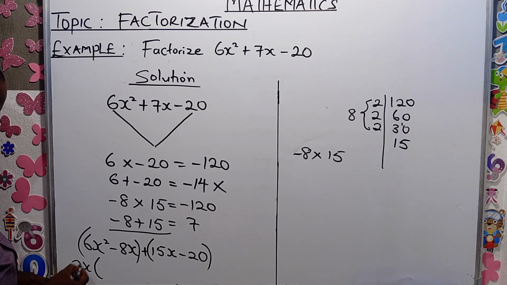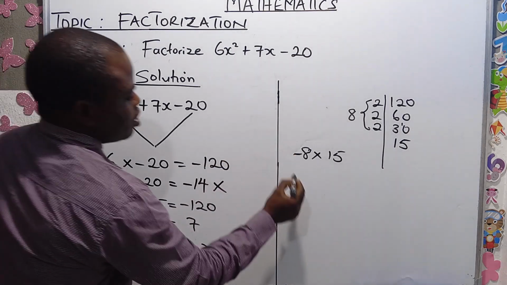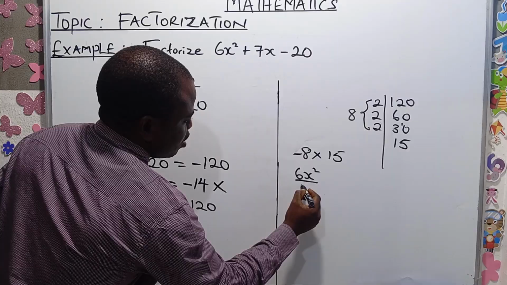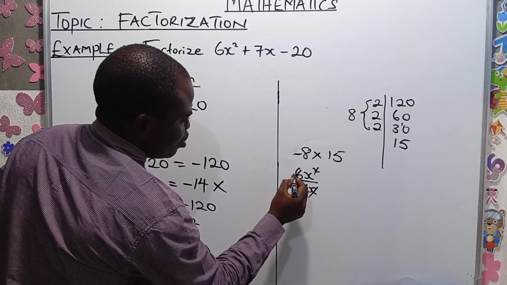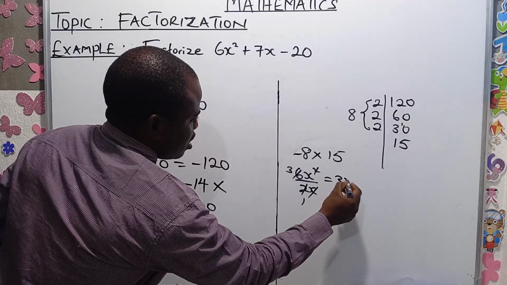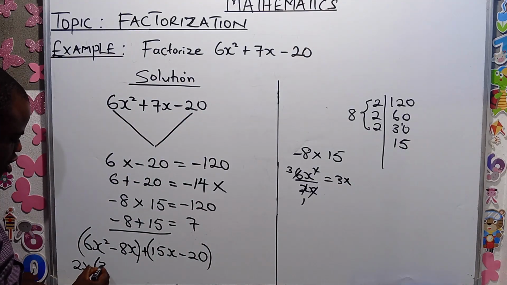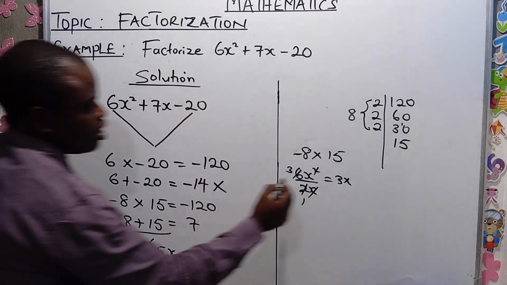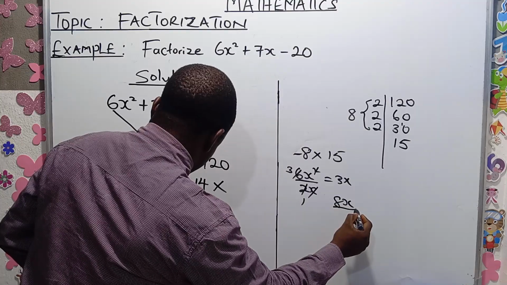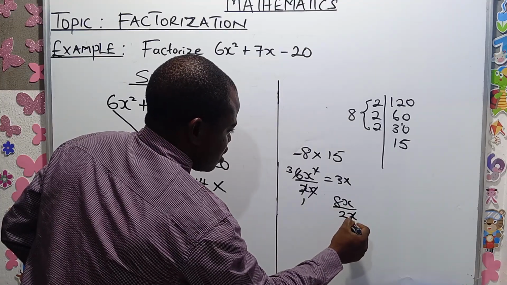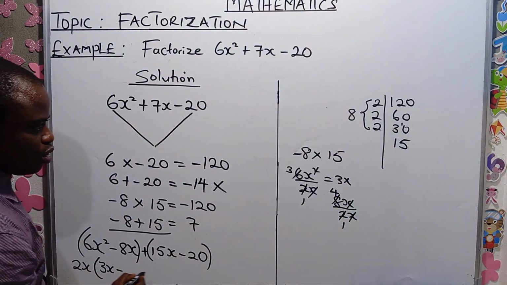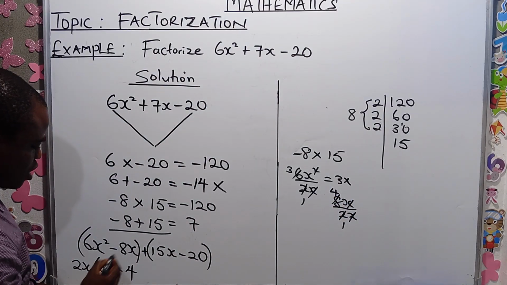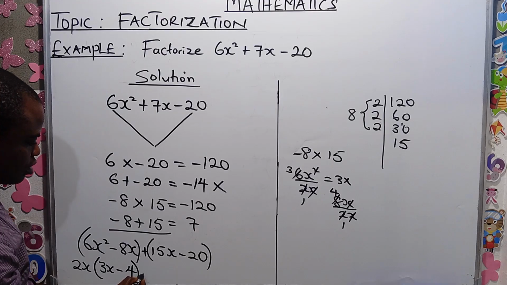Open the bracket. 2x goes in 6x squared. Let's try it. 6x squared divided by 2x. x cancels one of the x. 2 in 6, 3. That is 3x. Now minus 8x divided by 2x. x cancels x, 2 in 8, 4. You're having minus 4.